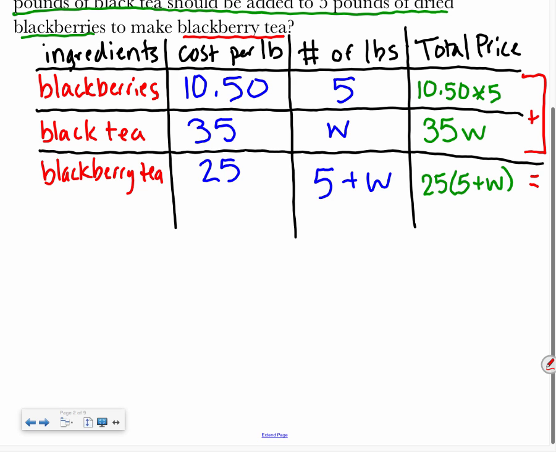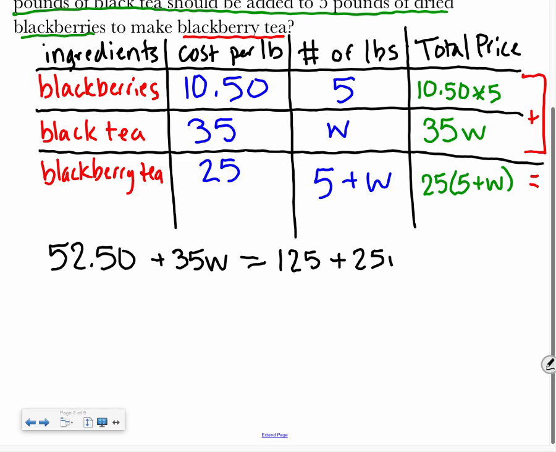So it sets up the equation you need in order to solve for your variable. So you'd say 52.50, because we have 10.50 times 5, and 10.50 times 5 is 52.50, plus 35W equals, and then if we distribute, 25 times 5 is 125, plus 25W.